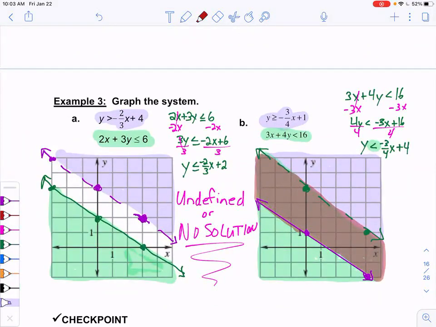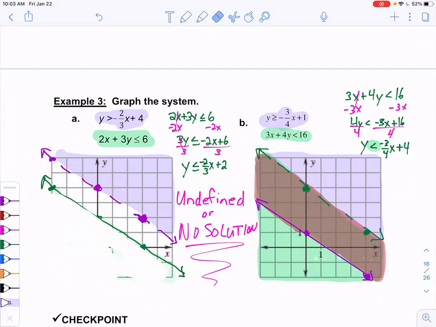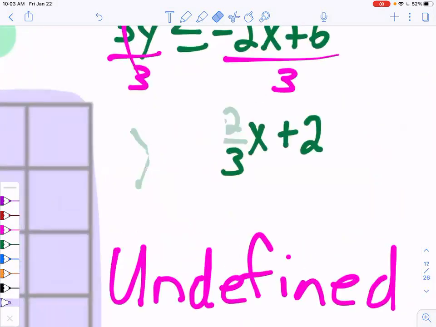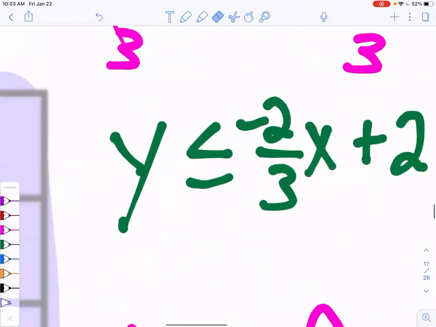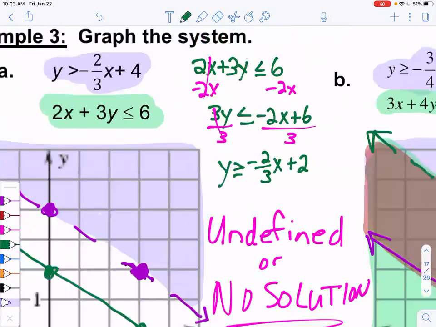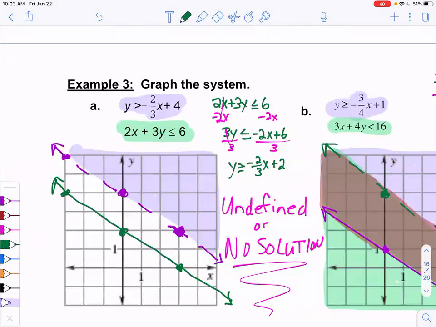Good. And you don't have to write this down. Please don't write it down. But if we look at the example that we just looked at, if we change this to a greater than symbol, then what it's going to look like is you're going to have this side shaded.